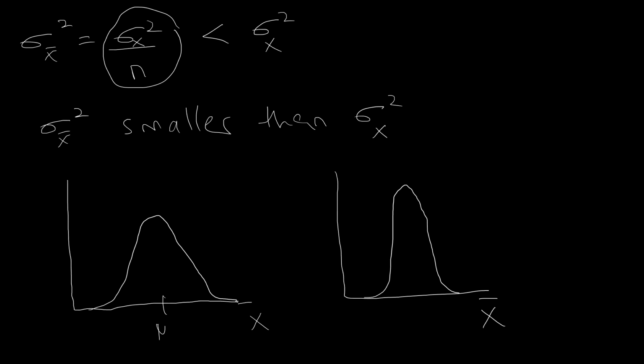We proved in the previous video in part 2 that the mean of the distribution of x is equal to the mean of the distribution of x bar, and in this final part, part 3, we have shown that the variance of the distribution of x bar is smaller as compared to the distribution of x.